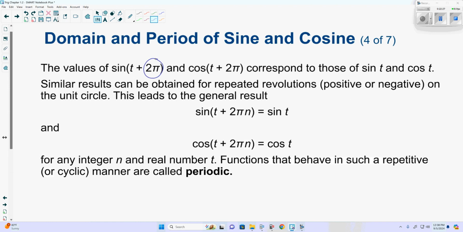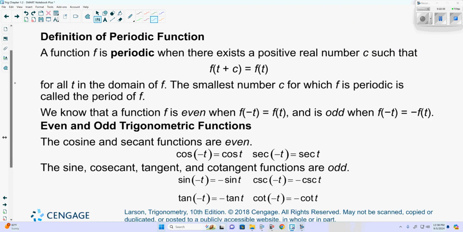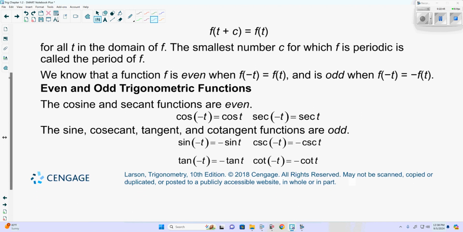Every 2 pi, the sine and cosine functions will repeat the values that they have. A periodic function, a function f is periodic when there exists a positive real number c such that f of t plus c is equal to f of t for all t. So we keep getting the same value like we were seeing with sine and cosine.